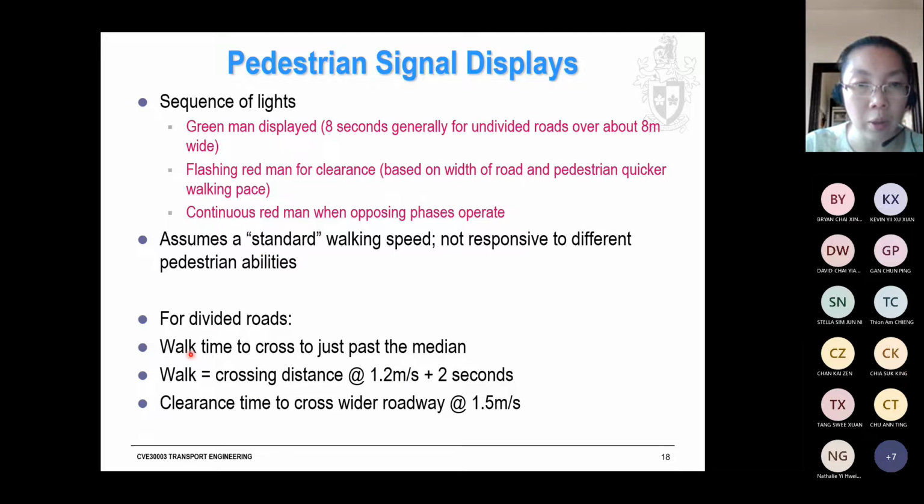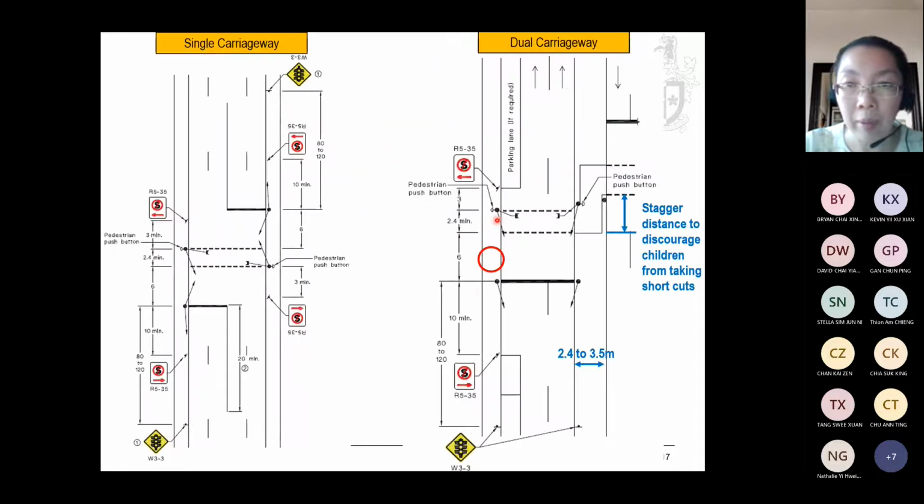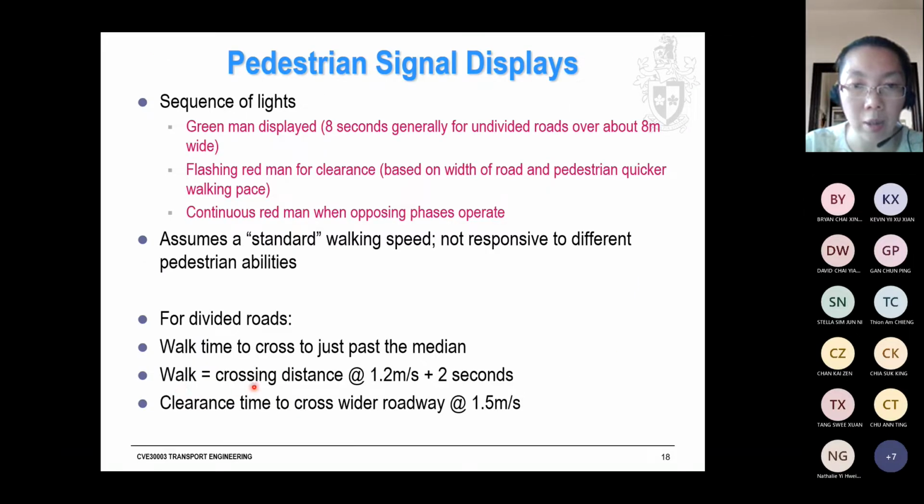Okay, so for a divided road, the walk time is to cross to just past the median. Meaning to say, for divided roads, you walk just slightly until here, just past the median. Walking time is the crossing distance multiplied by 1.2 meters per second, and then we add another 2 seconds.